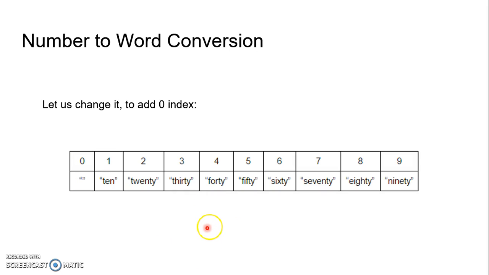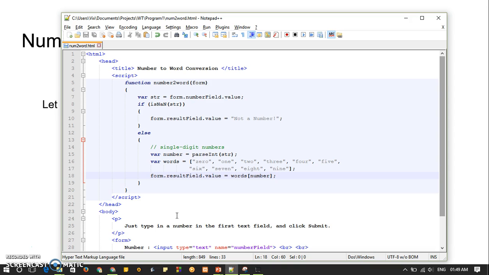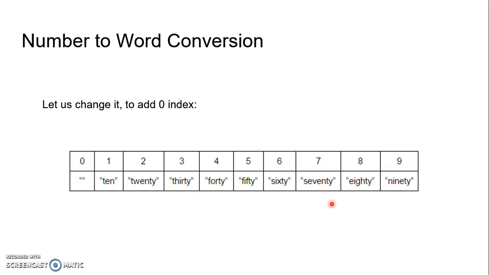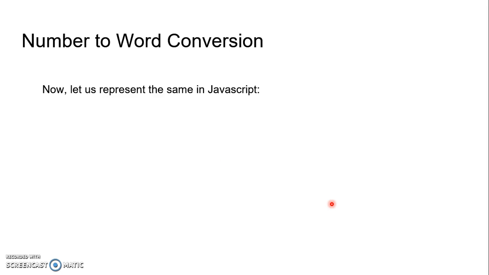How do we use it in our program? First of all, let us write the array part in our program. Let us go back to the code. You know how to write arrays. Let us represent the same in JavaScript.